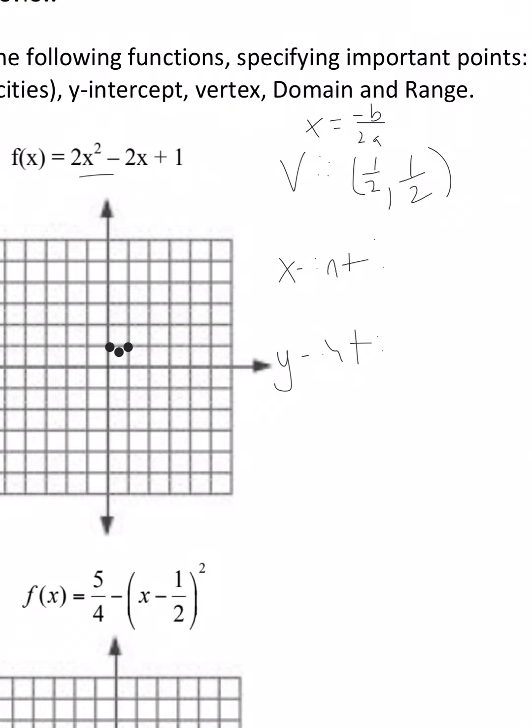So I'm just going to use some symmetry here to help graph my second point. And so now we have the shape of my parabola like that. So I know that there's none here just by shape. The y-intercept is at y equals 1.